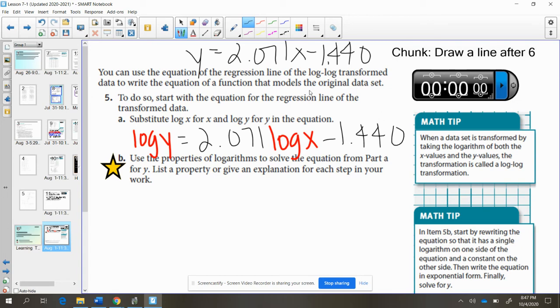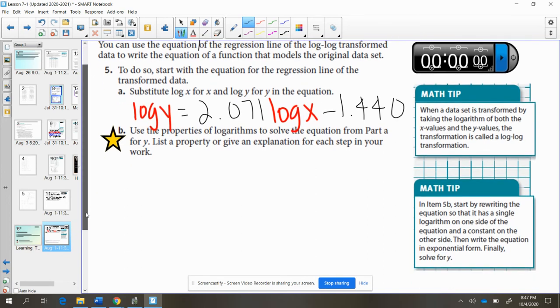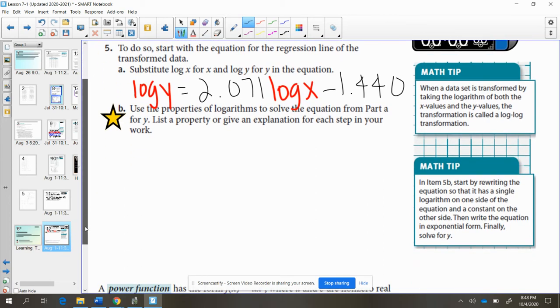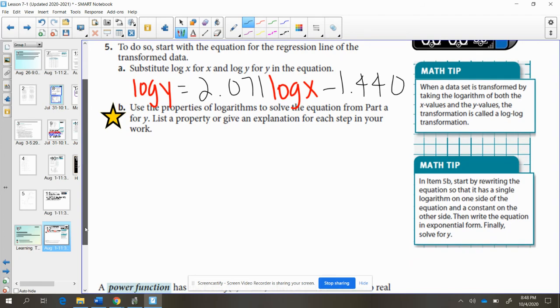Because again, this log-log transformation, we're going to see can be rewritten in a way we really, really like here. Now, if we start playing around with this, if we look at our exponent first, we can take this coefficient out front and write it as an exponent.